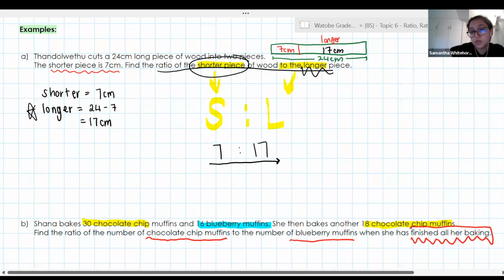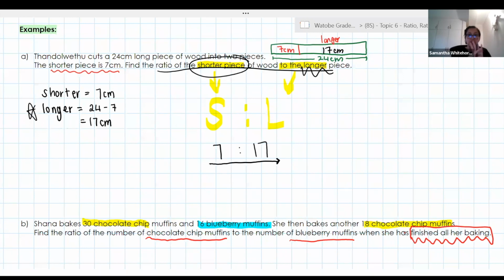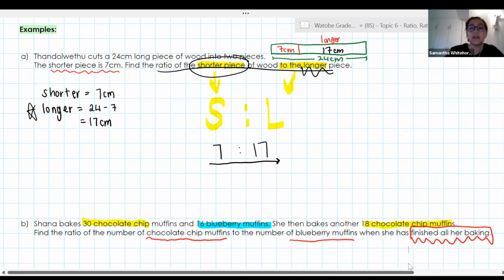That is very important. All of the baking done, how much does she have chocolate to blueberry once she's baked everything? Remember, simplify your ratio. Remember, like I said, sometimes there's a little bit of extra working out that you might need to do before you get to your answer.